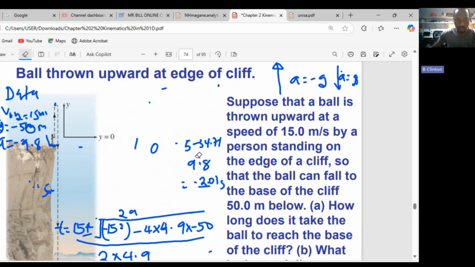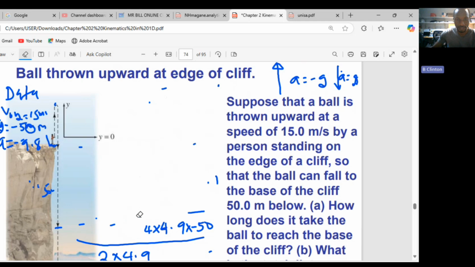So let's create space for that so that we can proceed and calculate the distance that it traveled all along.